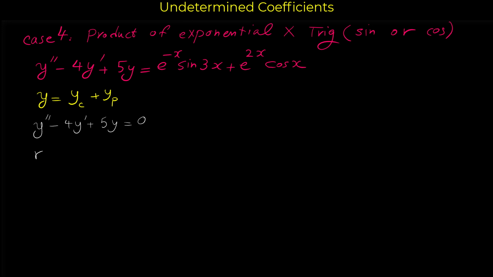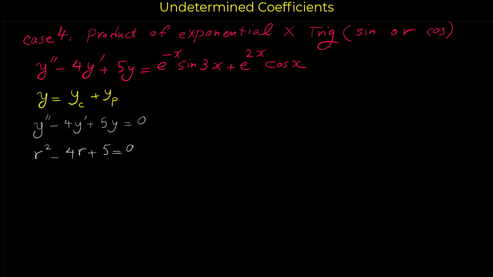The corresponding characteristic equation for this differential equation is r squared minus 4r plus 5 equals 0. If you try to factor this, you can see that you cannot factor it. So use another method for finding r.